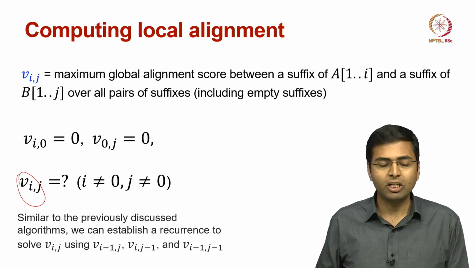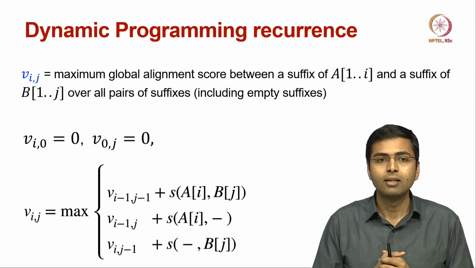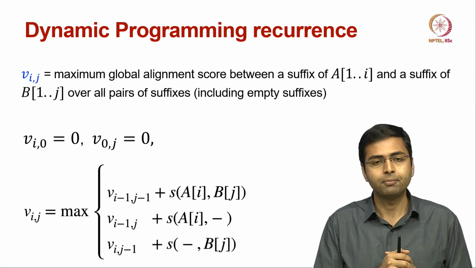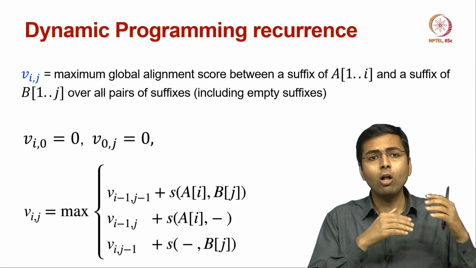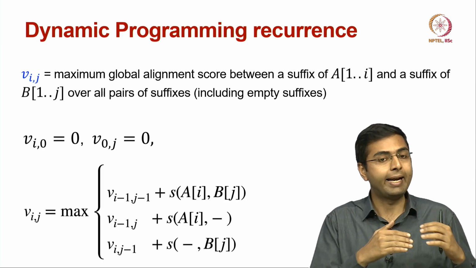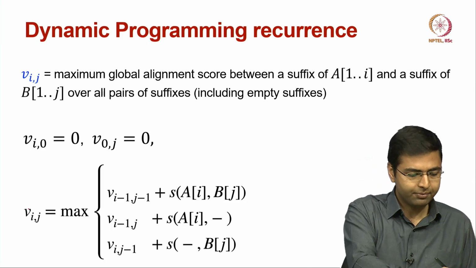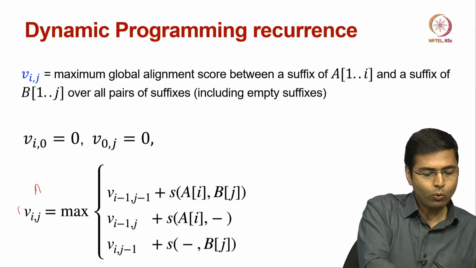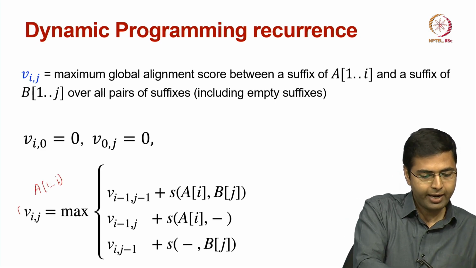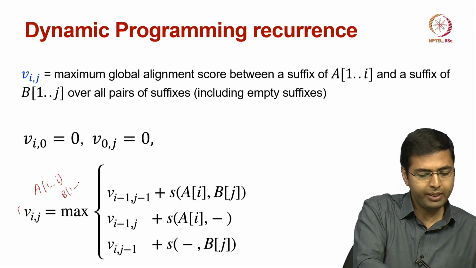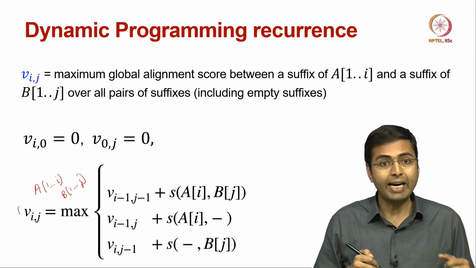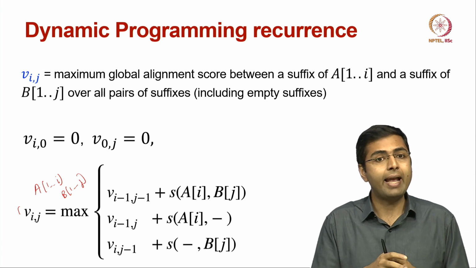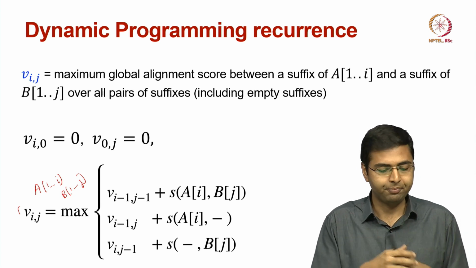So what would that recursion be? Well, the recursion follows a similar strategy to what we have looked at so far. That is, we have to look at all the possible ways in which the alignment can end. Because we have A1 to i, and we have to pick a suffix of B1 to j that maximizes the alignment score. Now this alignment can end in three possible ways.